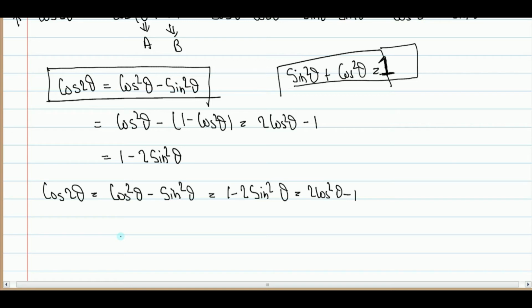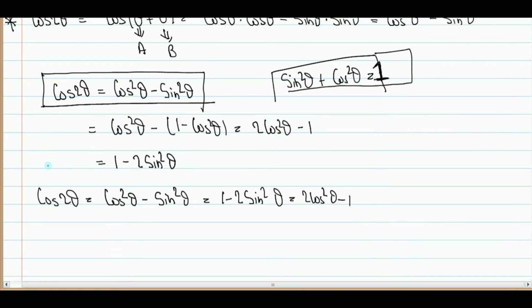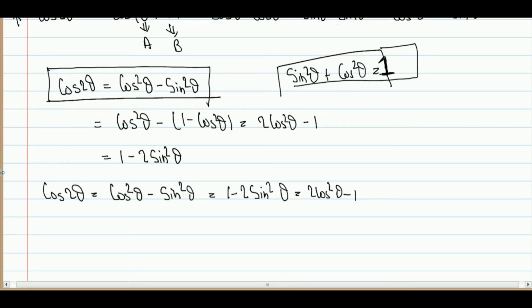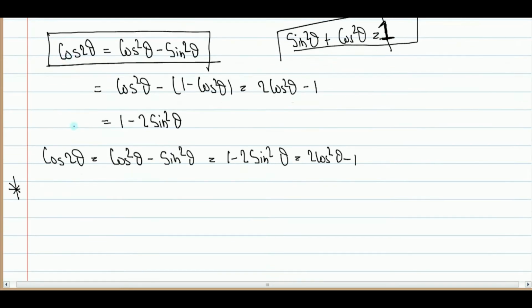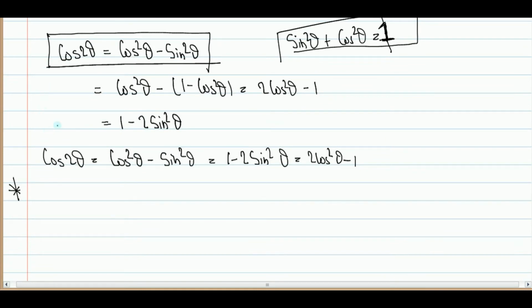So we are going to move on to the next basic. Till now we have learned about sine a plus b.